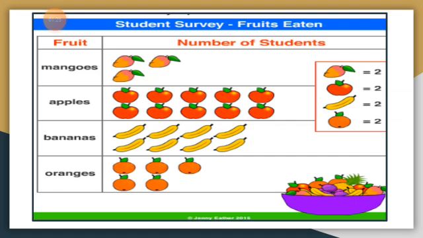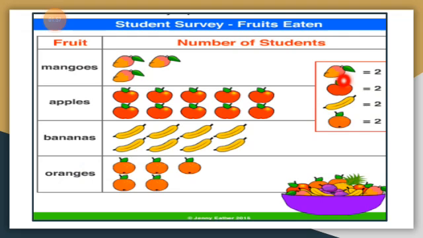On one side we have written the names of the fruits, and on the other side we have written the number of students. Which fruits are there? Mangoes, apples, bananas, and oranges. Look at this key. Can you see over here? Yes.